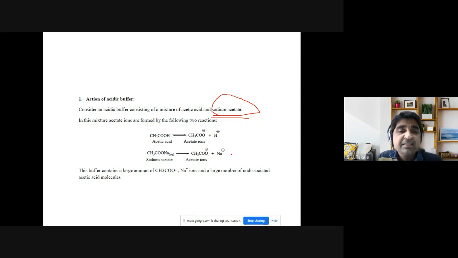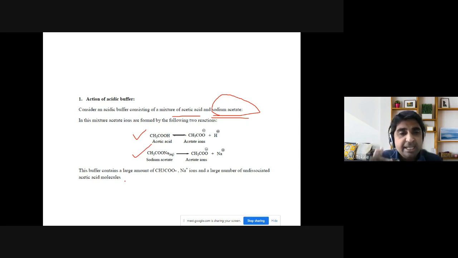Remember, acetic acid is a weak electrolyte, so the number of H plus ions and acetate ions released from it is quite small. But the solution will contain a large amount of acetate ions obtained by dissociation of sodium acetate.